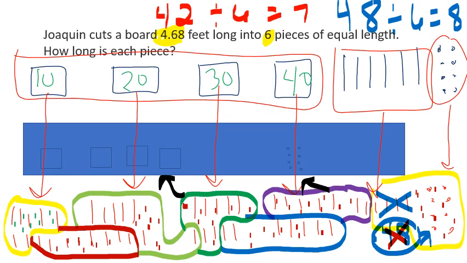So in each group, we end up having 7 tenths and 8 hundredths. So each piece of the board is 78 hundredths of a foot long. That one was a little tricky.